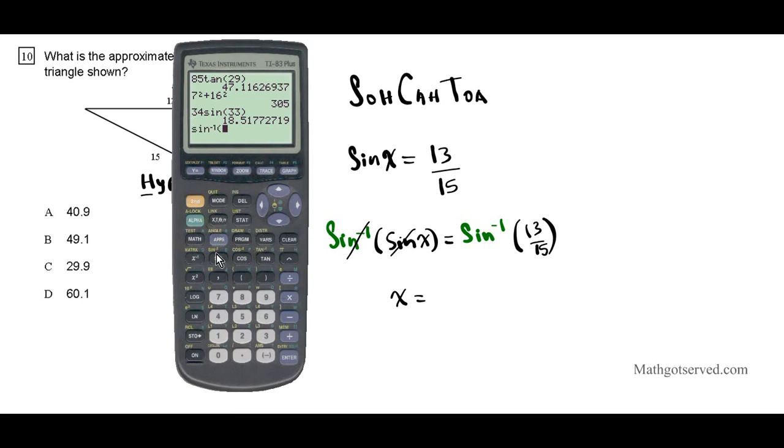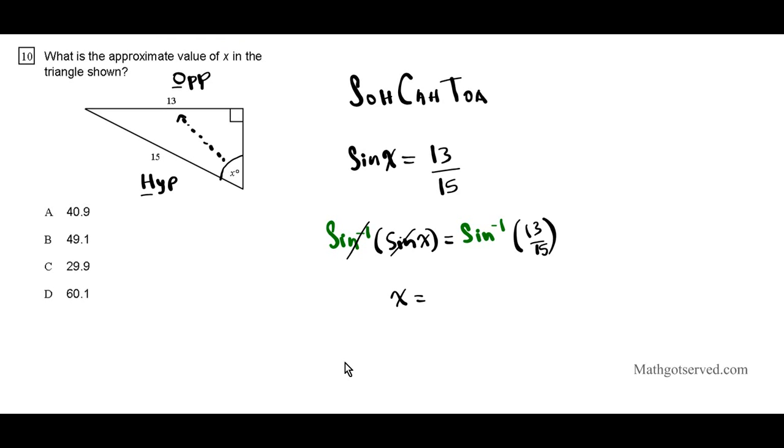Second function sine gives us the inverse sine of 13 divided by 15. Answer is 60.073. To the nearest tenth, it's 60.1. Okay, so x is going to be 60.1 degrees. And that is option D. All right, so that's that.